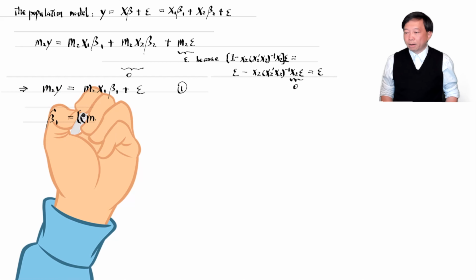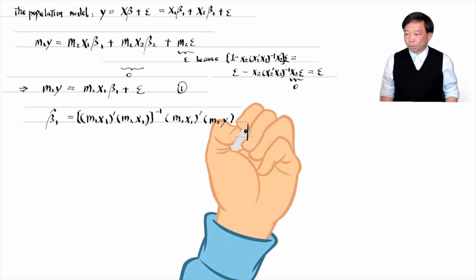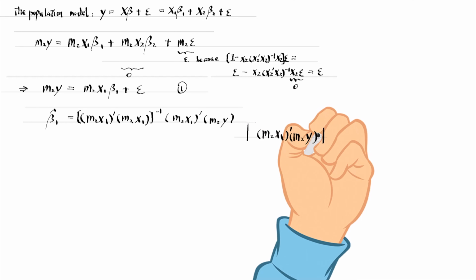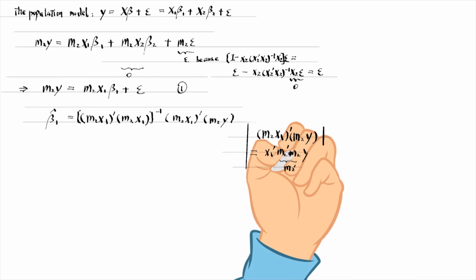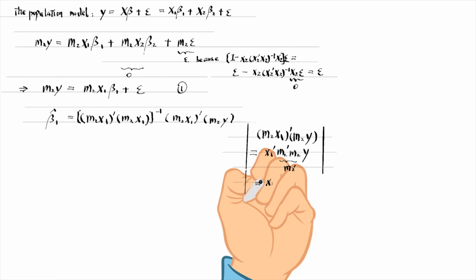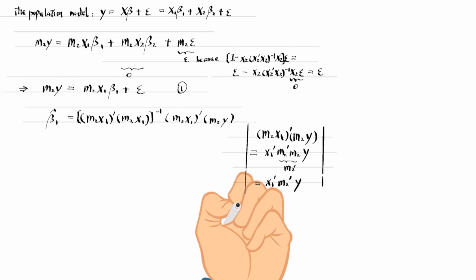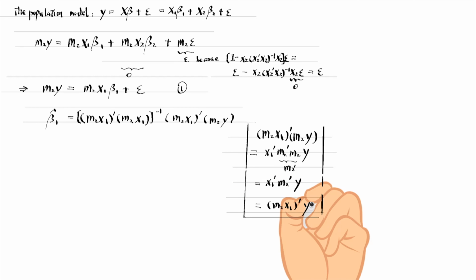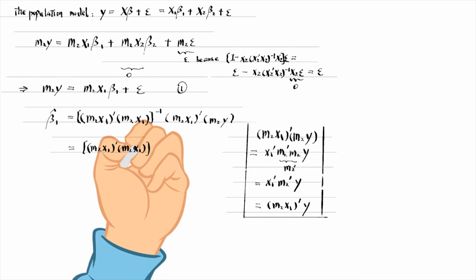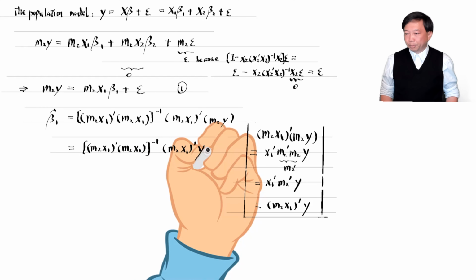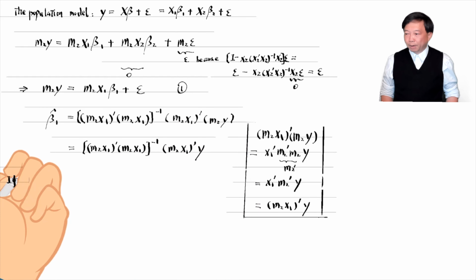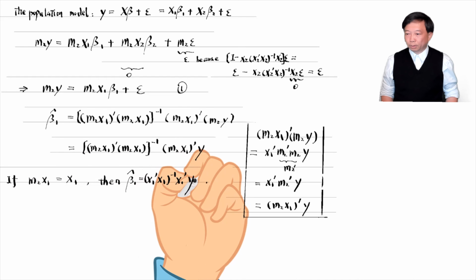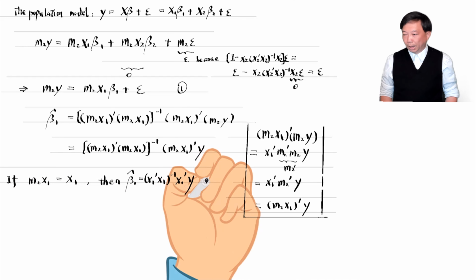We can write the OLS estimator beta 1 hat from equation 1 directly. We observe the expression and find that if M2 times x1 equals x1, then the OLS estimator will be the same as in a partitioned regression of y on x1.